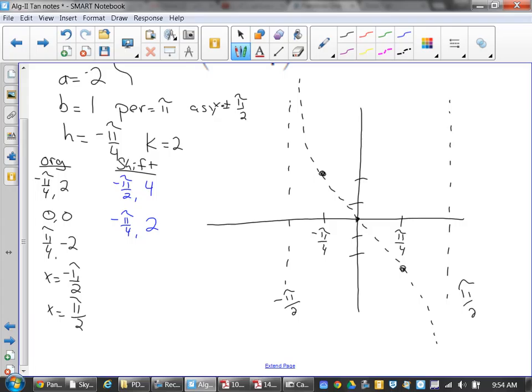Pi over 4 minus pi over 4 is 0. 0 plus 2 is 2. This is just crazy dumb luck that we wind up with some easy values here.